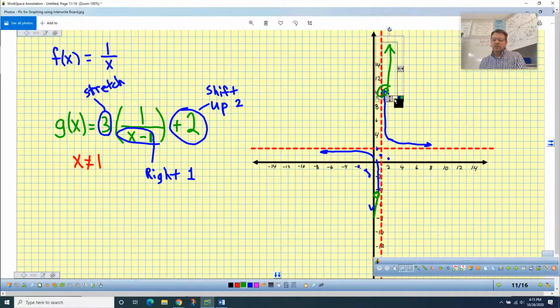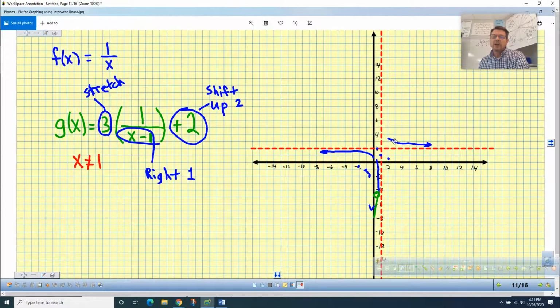Let's get rid of all these other things here and let's just plug in some points. I think that'll be a better choice, because if it weren't for the 3, we'd basically be done. But the 3 is there, so we can't ignore it.